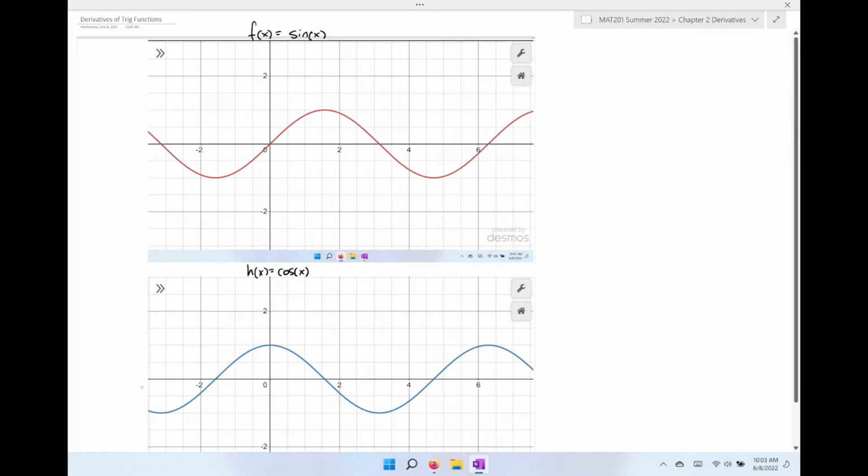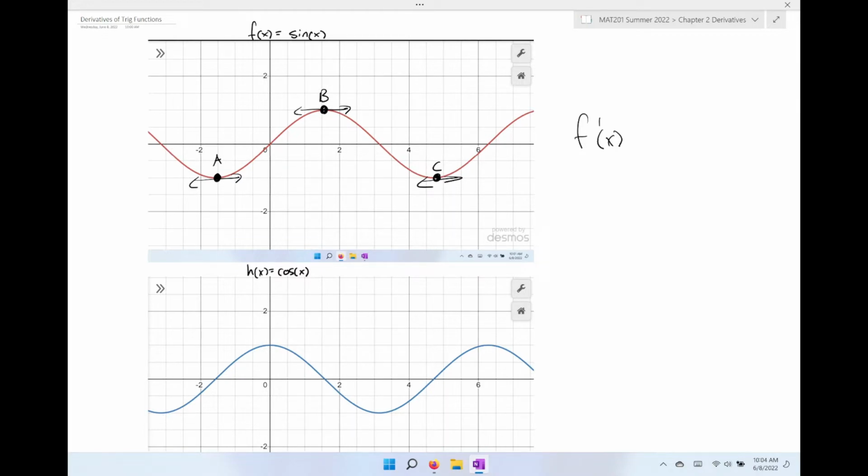Most importantly, I want you to look at this point, this point, and this point right here, because at those points we're going to have horizontal tangent lines, which means if we were to graph the derivative of sine x at these points, which we'll call A, B, and C respectively, we should be crossing the x-axis on its derivative curve.